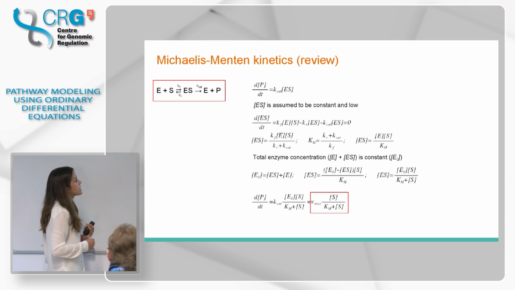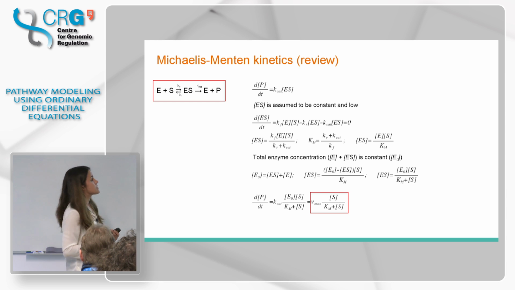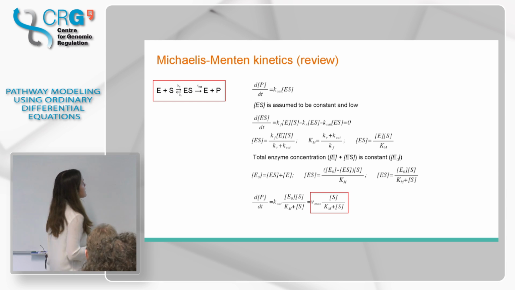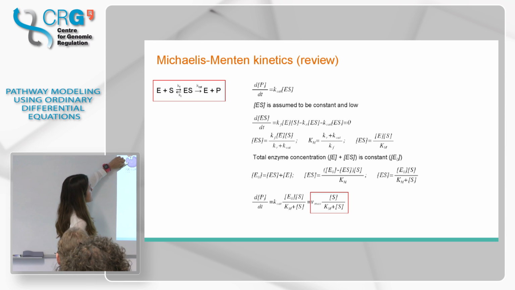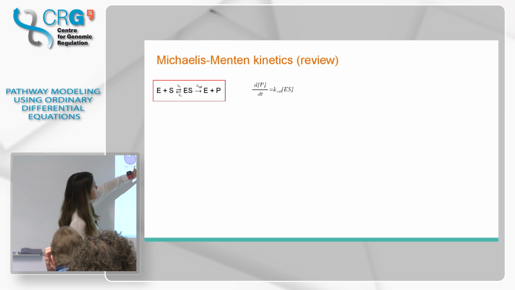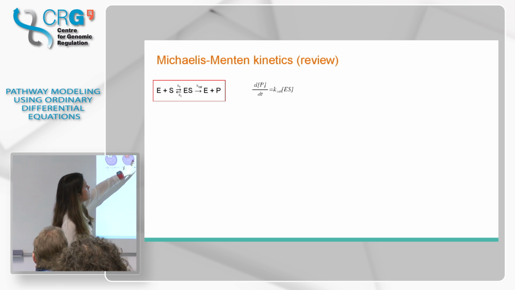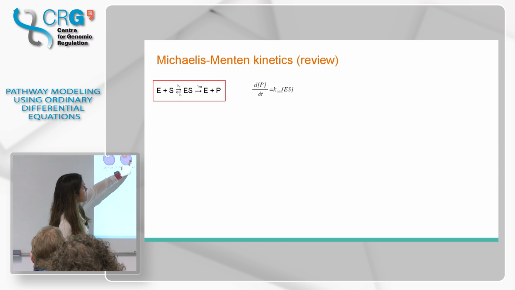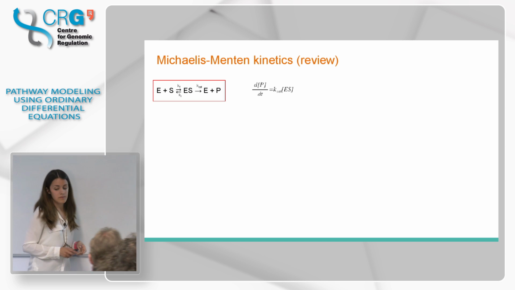So first of all, I'm going to make a short review on Michaelis-Menten kinetics. I don't know whether you see this well or not, but enzymes work forming a complex between the enzyme and the substrate, which is this ES complex. And then once we have this complex formed, the catalysis of the enzymatic reaction happens and the products can be released.